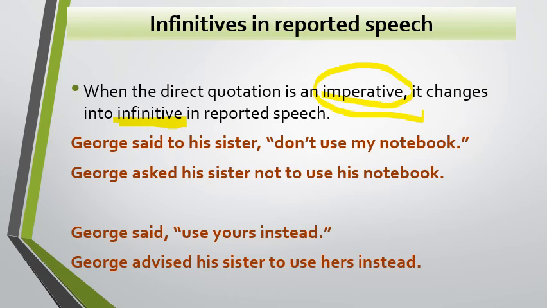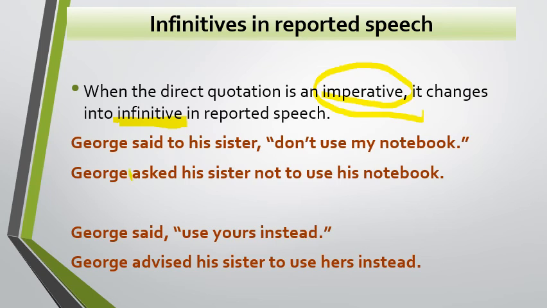For example, George said to his sister, "Don't use my notebook." And I want to change it now into indirect speech. George asked his sister not to use his notebook.